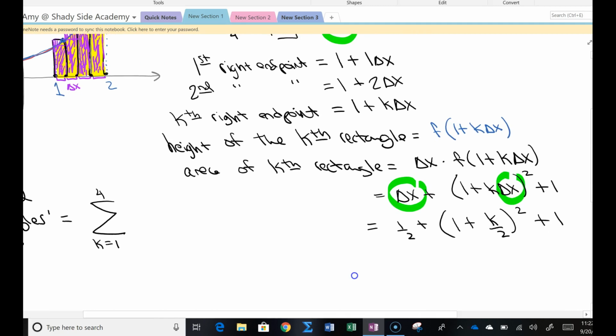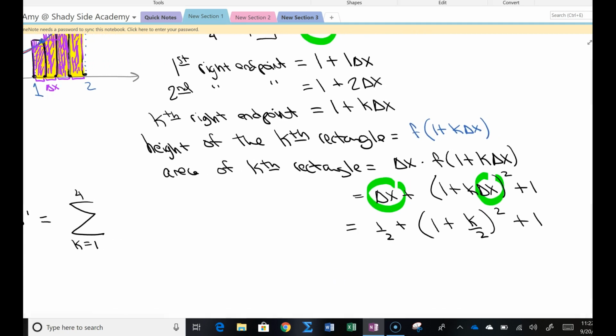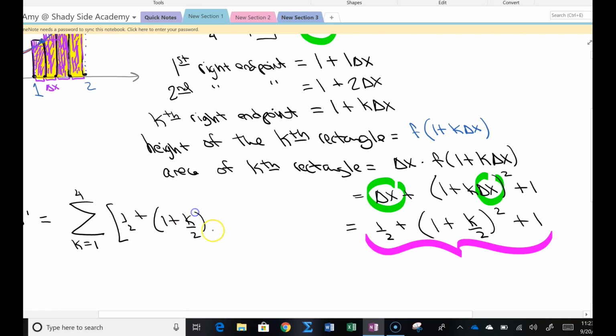And the summand is this whole thing right here. So the summation from k equals 1 to 4 of 1/2 times the quantity 1 plus k over 2, squared, plus 1.